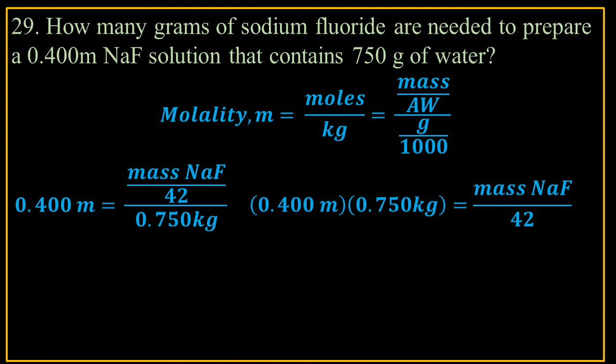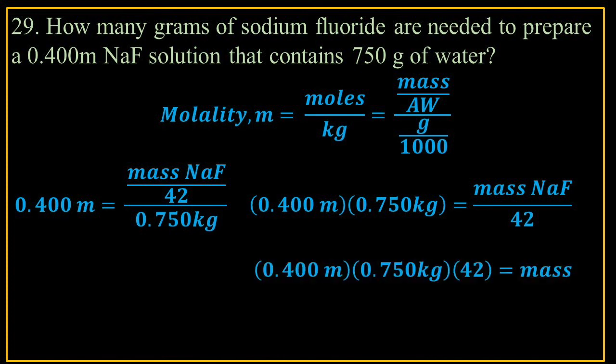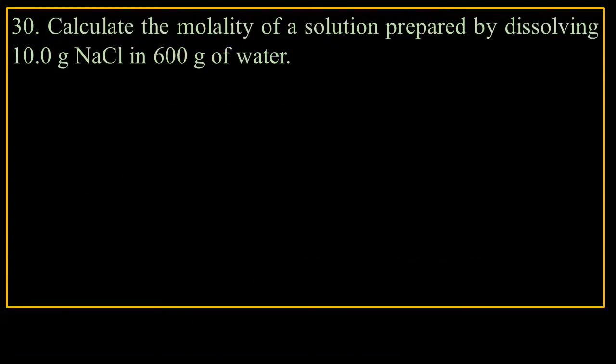We have 0.4 times 0.75 times 42, which ultimately would be the mass of the sodium fluoride. So you're simply cross multiplying twice, essentially. So the 0.4 times 0.75 times 42 would be 12.6 grams of sodium fluoride.